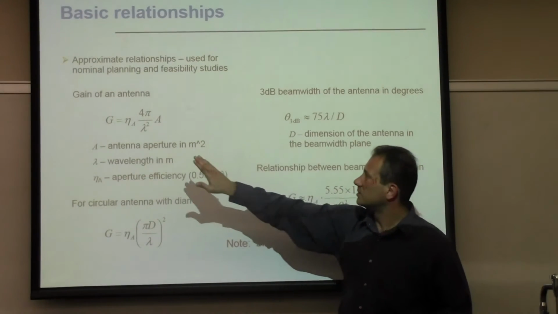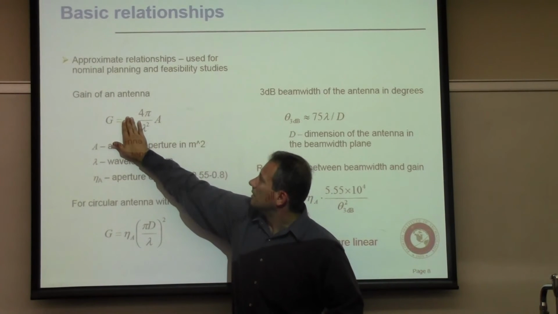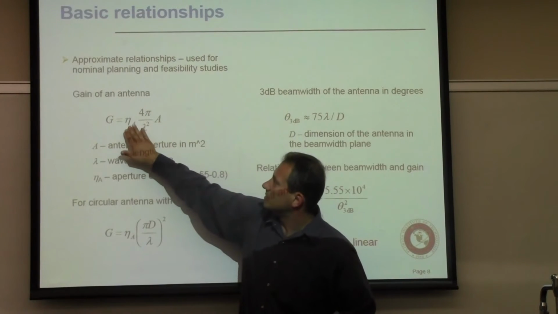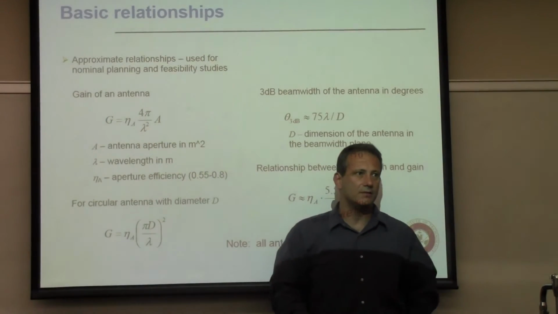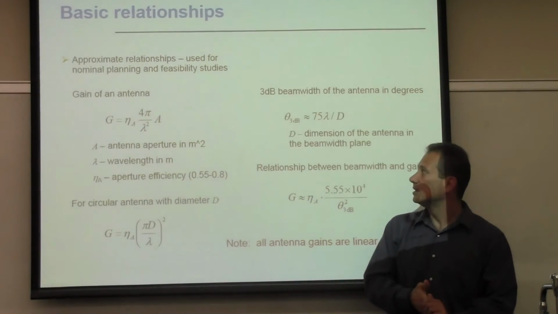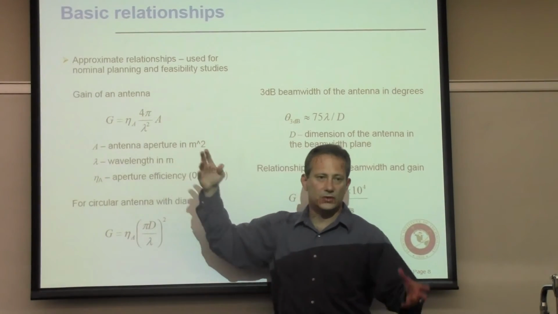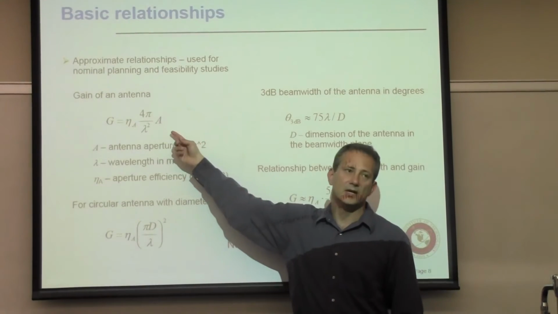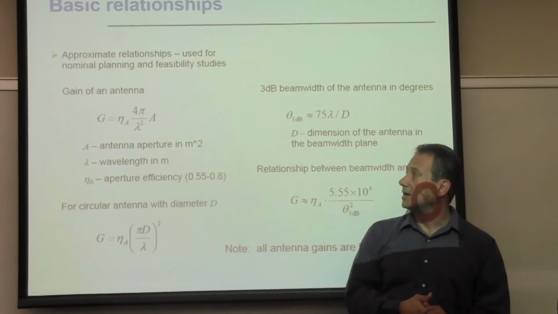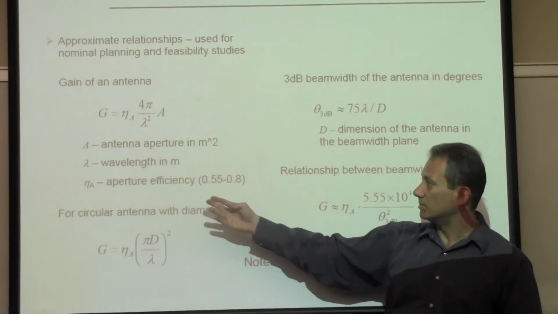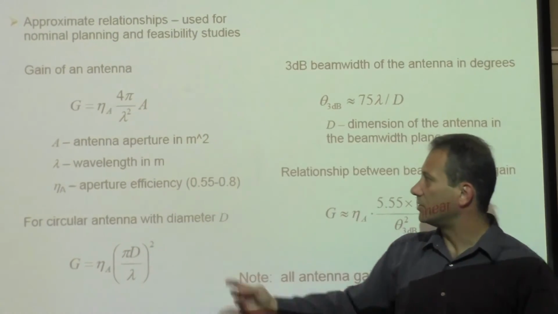We had this relationship in RF propagation where we call this A times nu A the effective aperture of the antenna. Here we say the effective aperture is some coefficient times the physical size of the antenna, and this nu A we call aperture efficiency.